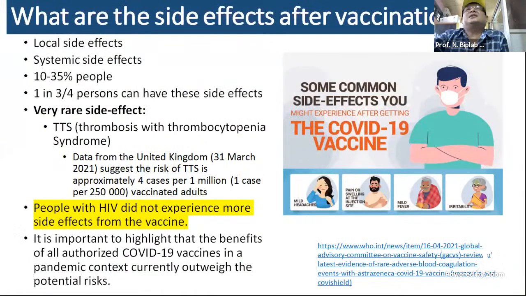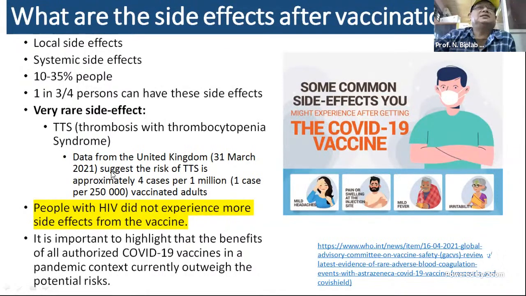Now, what are the side effects after vaccination? As we all know, there may be some local side effects, like mild headache and pain at the site of injection, mild fever or irritability. And there are some systemic side effects that 10 to 35% of people can have, so 1 in 3 or 4 persons can have these side effects. Very, very rarely, there are some severe side effects like thrombosis or thrombocytopenia syndrome.